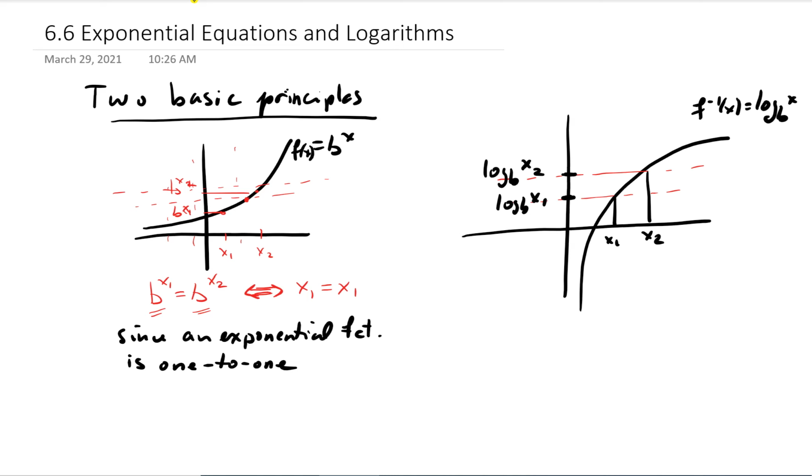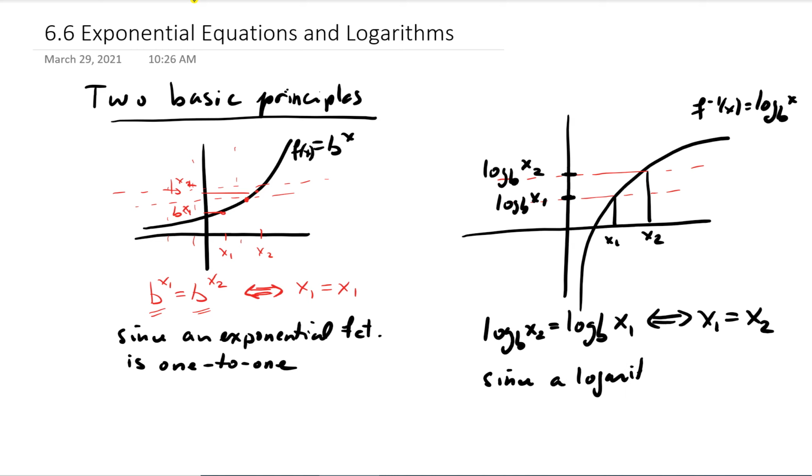But similarly, if I have log in base b of x2 equal to log in base b of x1, then that means that x1 and x2 must actually be the same, okay, since a logarithmic function is one-to-one.